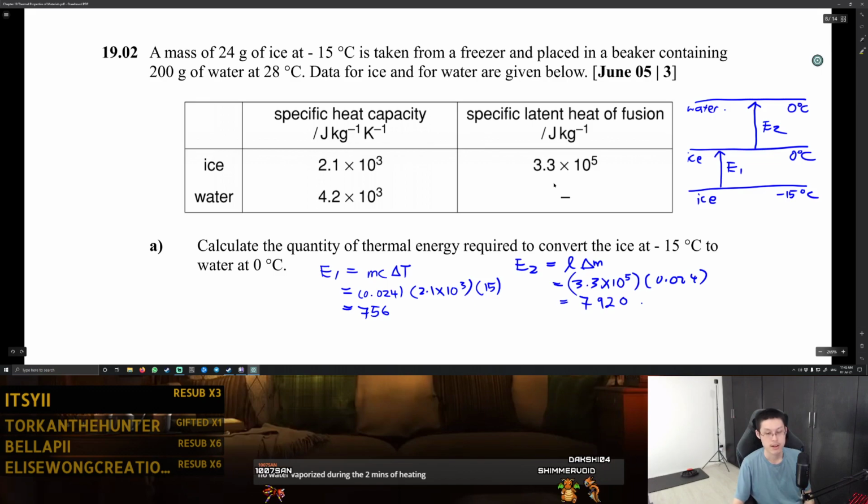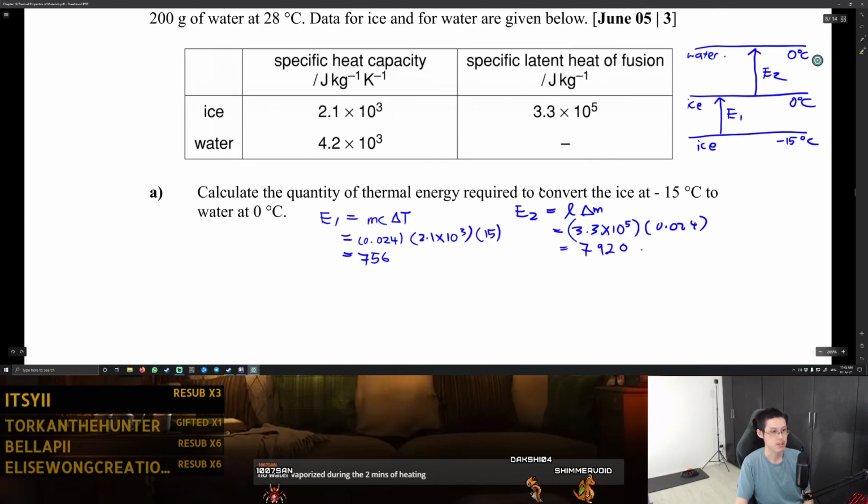So the total is just this plus that, which is 8,676 joules. There we go.